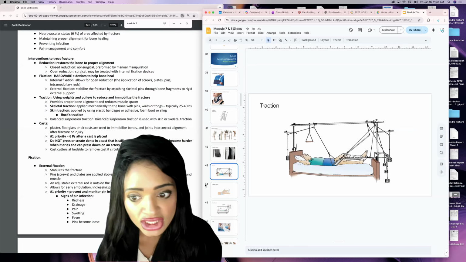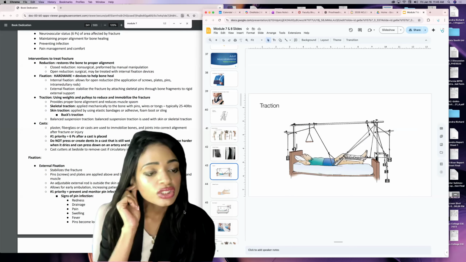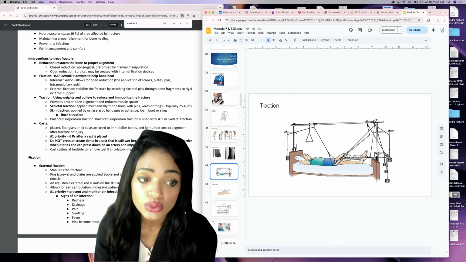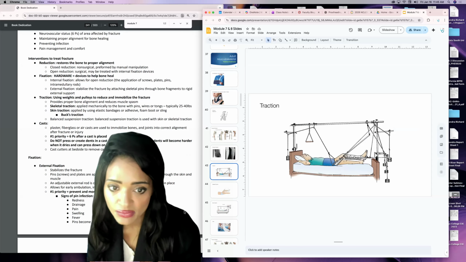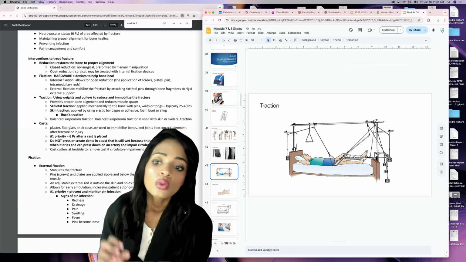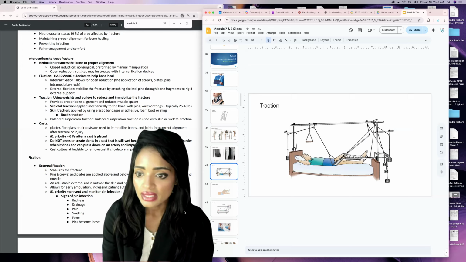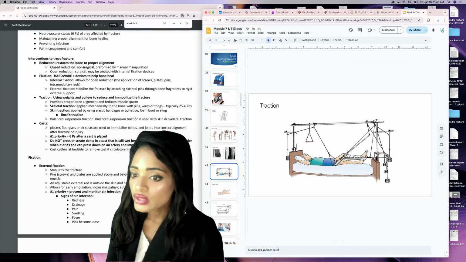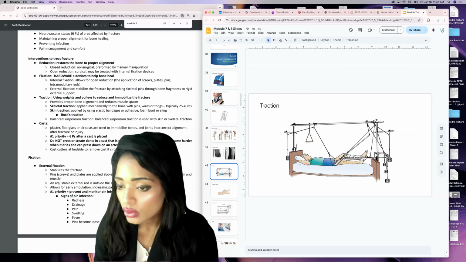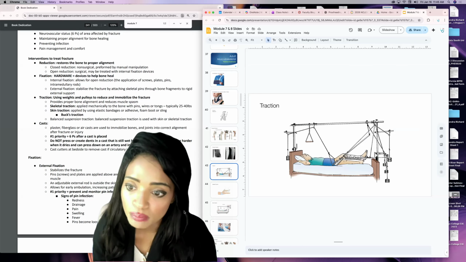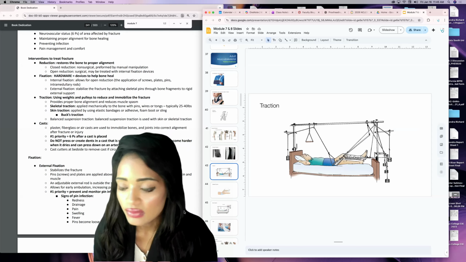Next up is traction. Traction is using weights and pulleys to reduce and immobilize the fracture. So we want to reduce the fracture, which is bring it back into alignment. Okay, what bone or bones do you think this person broke based off of the picture?